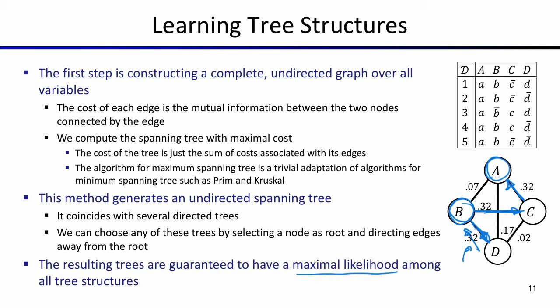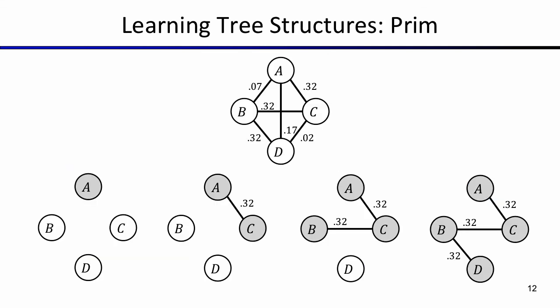So let's take a look at how we can compute the trees using the maximum spanning tree, and also select the roots, in the next slides. This is one example. We are applying the Prim algorithm, and the idea is that we start with one node.